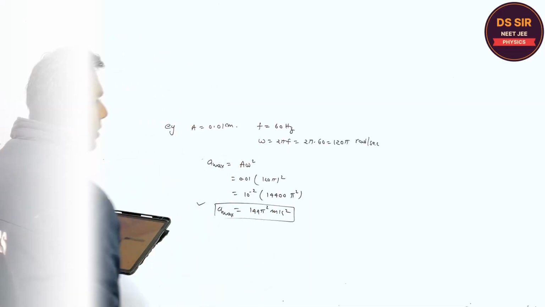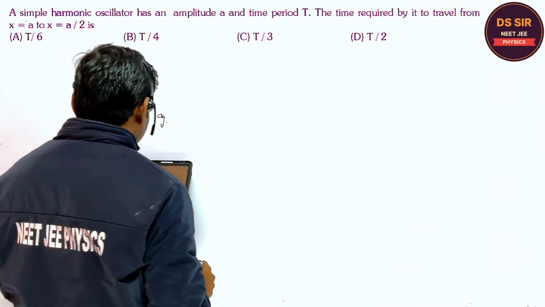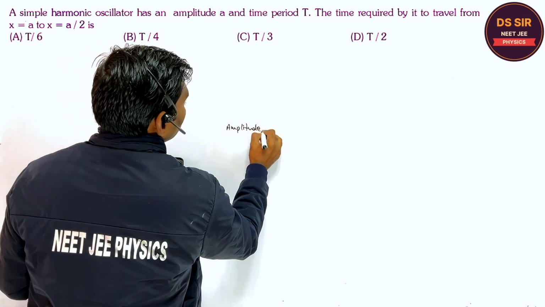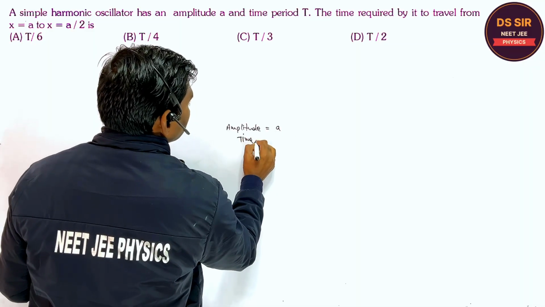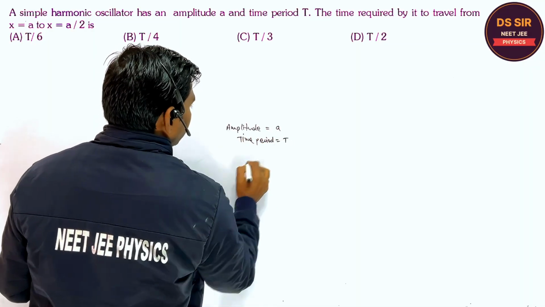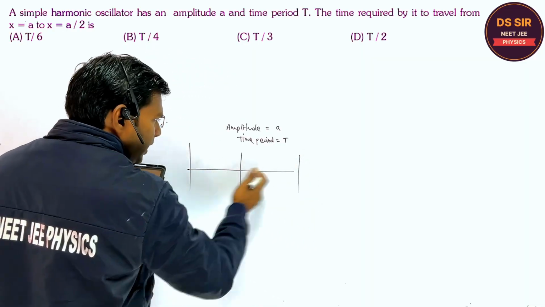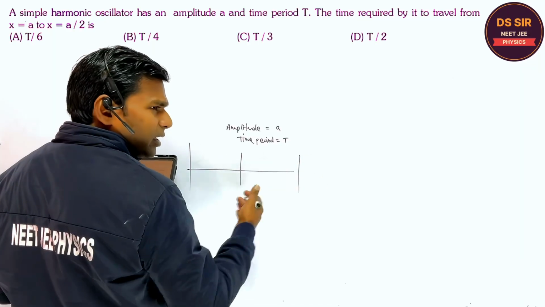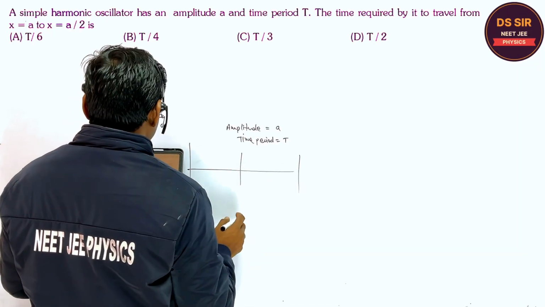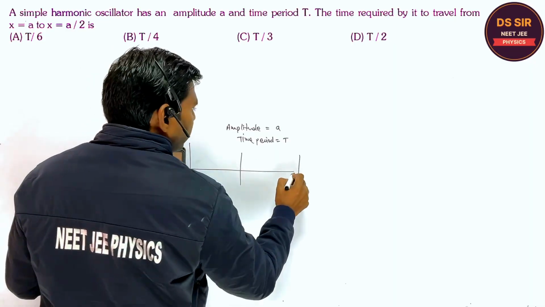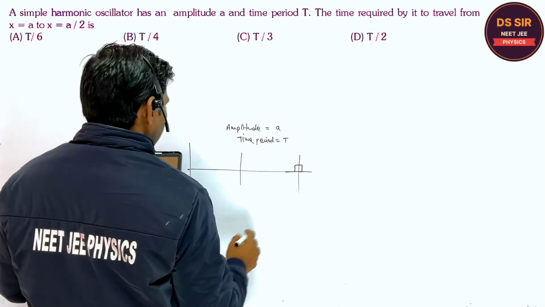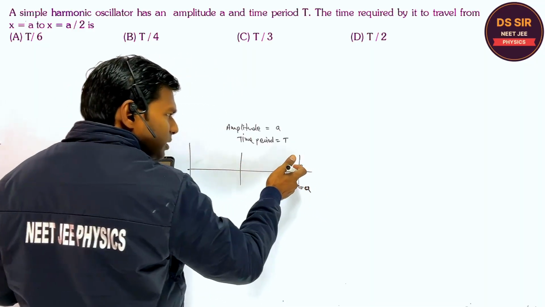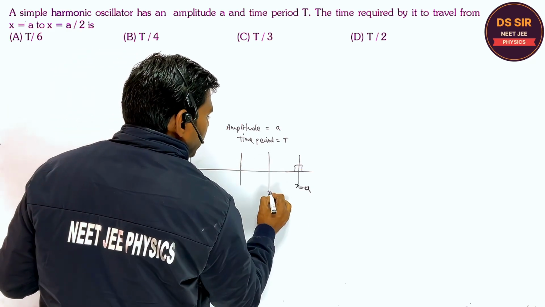Formula based. Copy this. So read this question. In this question, a simple harmonic oscillator has amplitude A and the time period is capital T. If the particle is performing SHM, it may be an oscillator or a particle, with amplitude A. What is the time required to travel from x is equal to A, the extreme position, coming back toward the mean position, to A by 2?